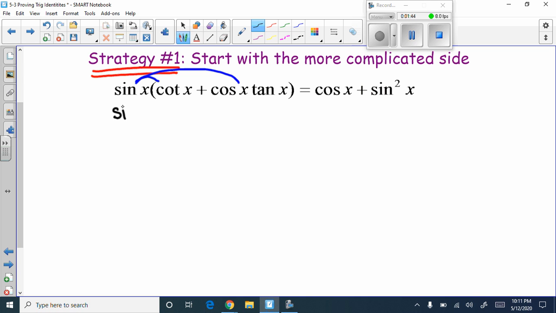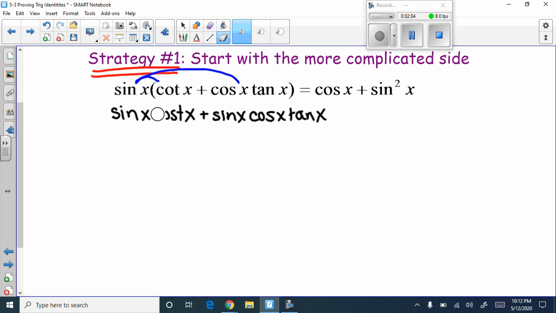So I have sine of x times the cotangent of x plus sine x times cosine x times tangent x. Now I'm going to try and simplify from there. Sorry, I don't know what I wrote. This should be cotangent here. Okay, I wrote it.